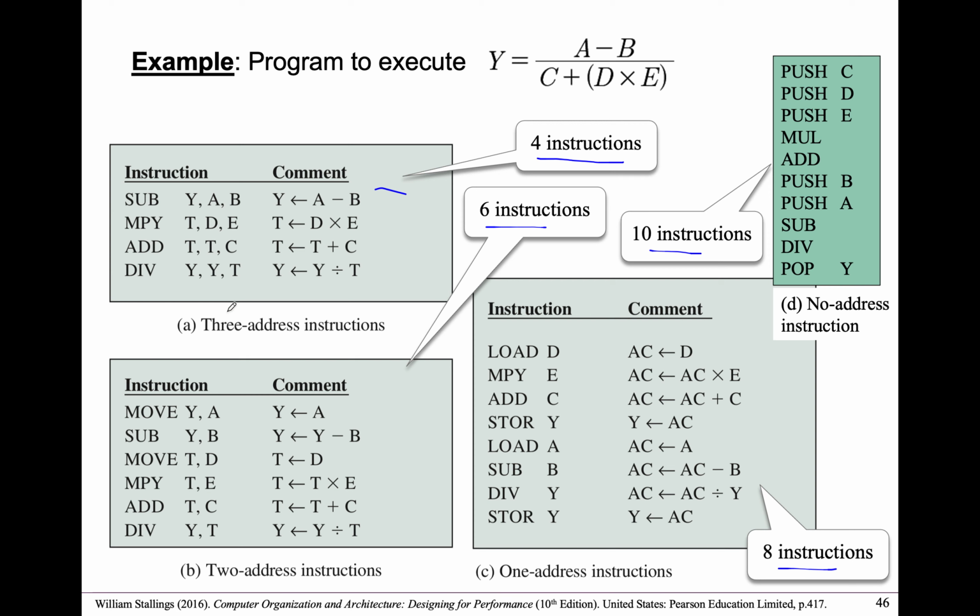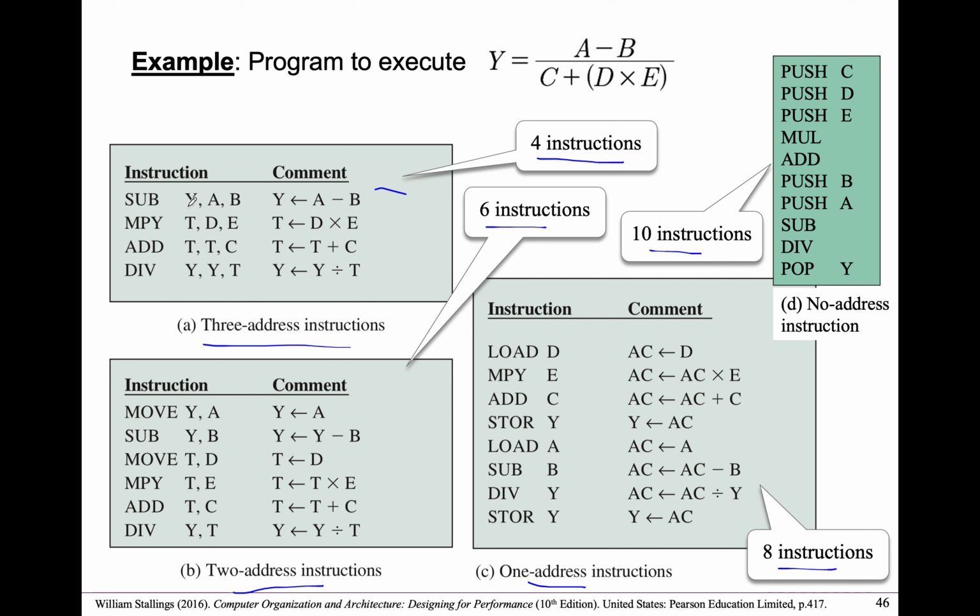So over here you can see you are using only 3 address instructions, and this part you use 2 address instructions, and over here is 1 address instruction, and this one is no address instruction. This is your operand.